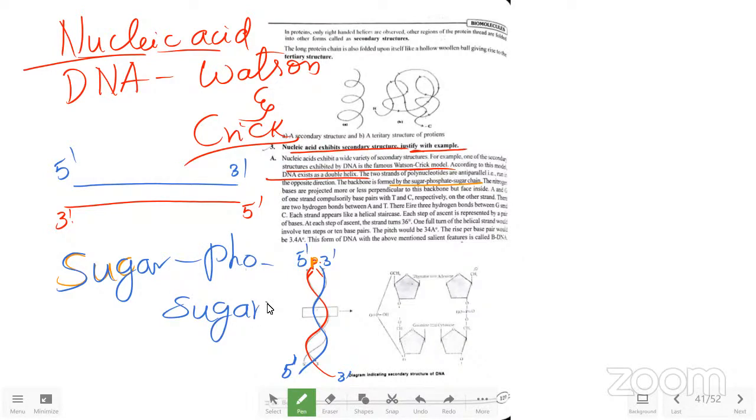So in between two pentose sugars, one phosphate group is attached like this. Pentose sugar means a sugar having 5 carbons in it. When this pentose sugar has a phosphate bond at its back, that is nothing but sugar, phosphate, sugar. That is what we can say is the backbone of the double helical model.